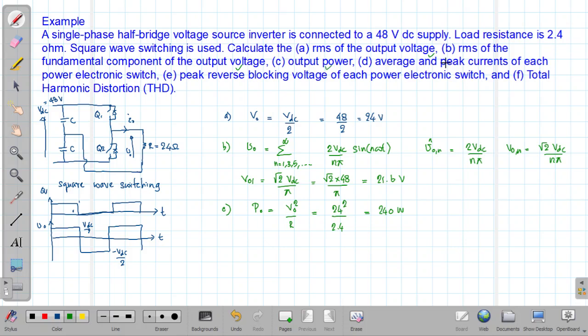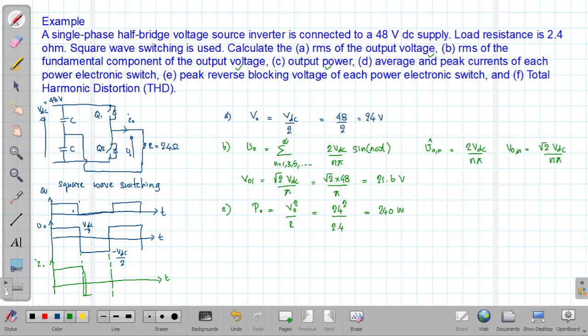Then you are asked to calculate the average and peak currents of each power electronic switch. So this is the output voltage waveform. From this one you can get the output current waveform as well. The only difference is that the magnitude would be different, but you would have the same shape.